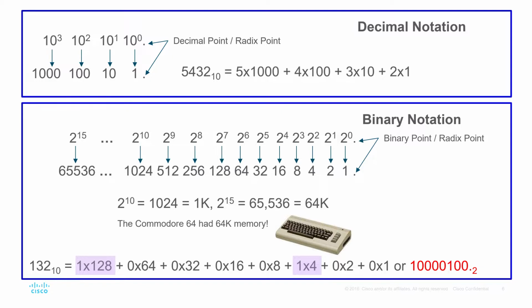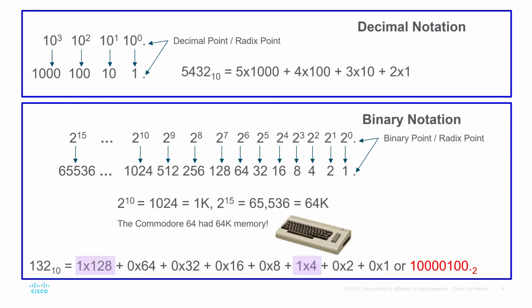Working to the left, we have 2 to the 0 power, which, as stated earlier, has a decimal weight of 1. 2 to the first, or 2. 2 to the second, or 4. 2 to the third, or 8. 2 to the fourth, or 16. 2 to the fifth, or 32. 2 to the sixth, or 64. 2 to the seventh, or 128. 2 to the eighth, or 256. 2 to the ninth, 512. 2 to the 10th, 1024.